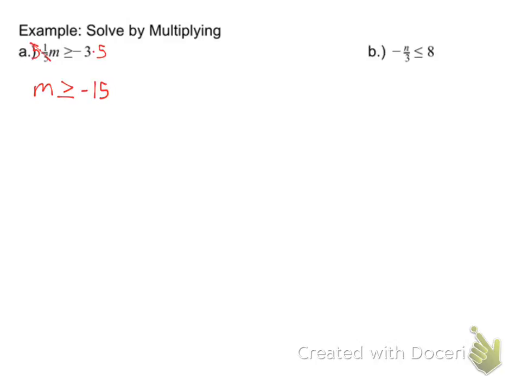Now, part B. -n/3 is less than or equal to 8. What are we thinking here? I want to get rid of the 3 on the bottom, so I would multiply both sides by 3.